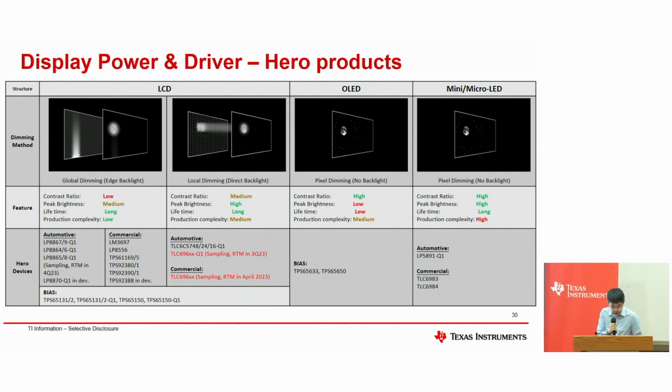In the picture, the light is sprayed from the edge to the middle, so we also call it the edge backlight. It's a very mature technology, but it has the drawback that its contrast ratio is not very good. But since it's very well developed, its lifetime and product complexity have their advantages.